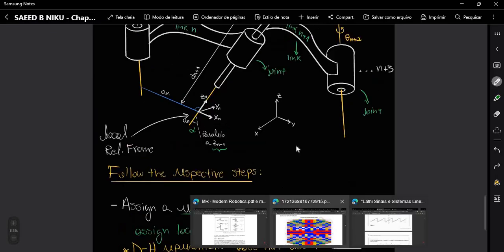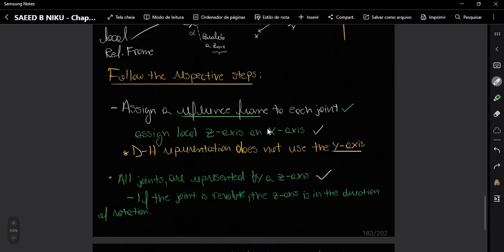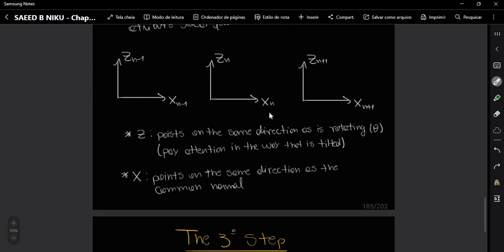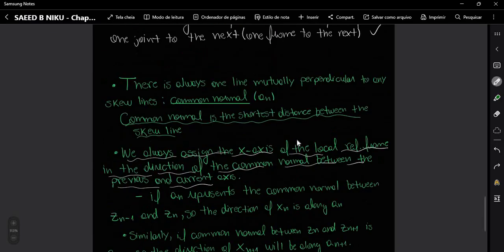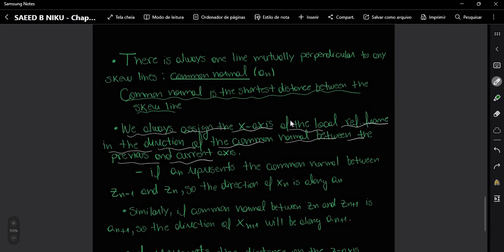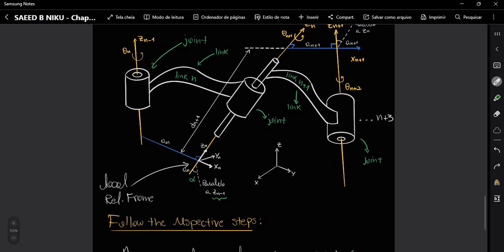And the common normal, we know, is the shortest distance between the skew lines. Right here, this distance, d n plus 1.